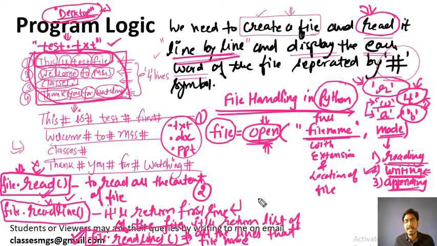Then to access the second line, we need to call this method again, and it will read the next line. But the readlines method will return the list of all the lines that the file has. In the first index it will return this, in the second this, in the third this. I am going to show how the output of the readlines method will be returned, so that it will be clear to you.